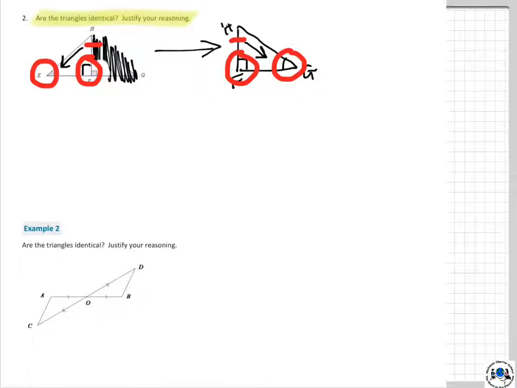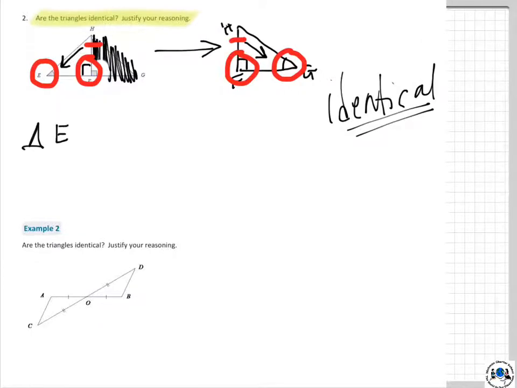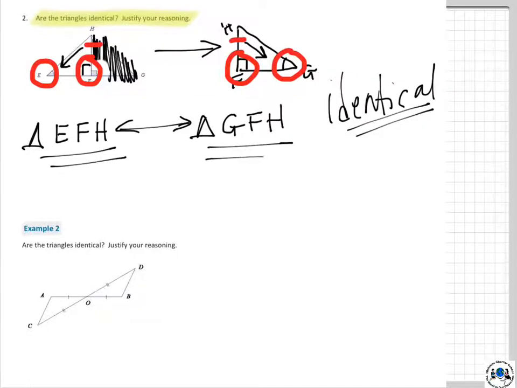Therefore, we can say they are indeed identical, and here is our correspondence, based on this here. So we have triangle EFH corresponds to triangle GFH.